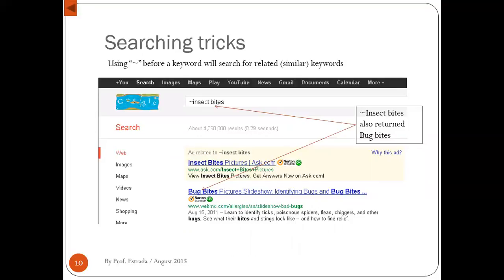Now, the tilde is the wiggling character that you find to the left of the number 1 key on the keyboard and on top of the tab key.